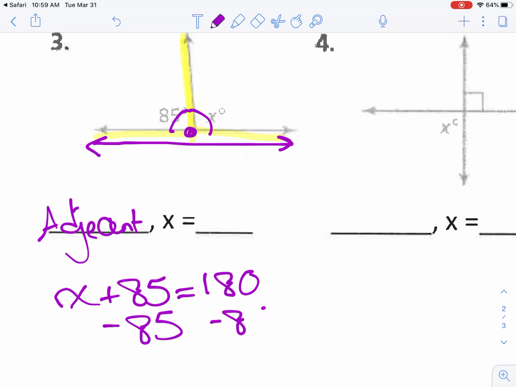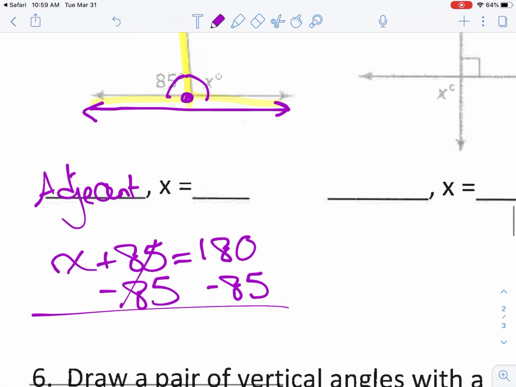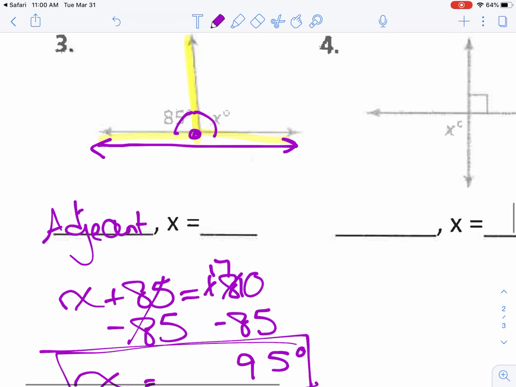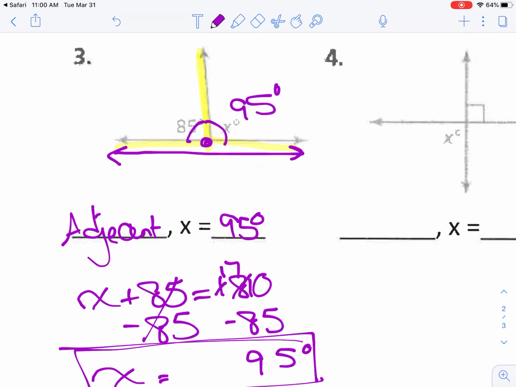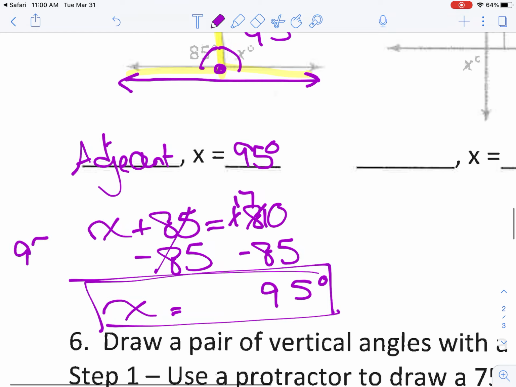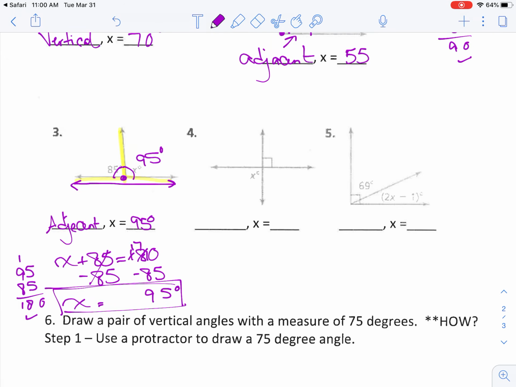I'm going to subtract 85 from both sides to get that variable by itself. So we get 95 degrees. Okay. So up here is 95 degrees, x is 95 degrees. And to double check that, you need to do 95 plus the 85. And that should give us our straight line, 180, and it does.